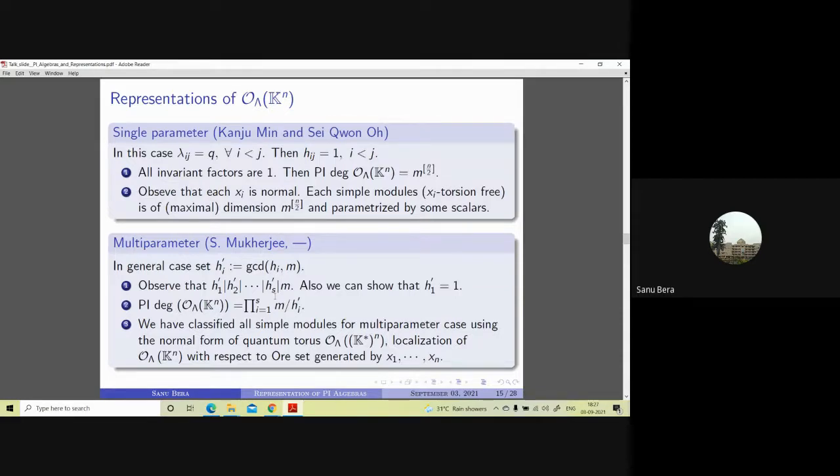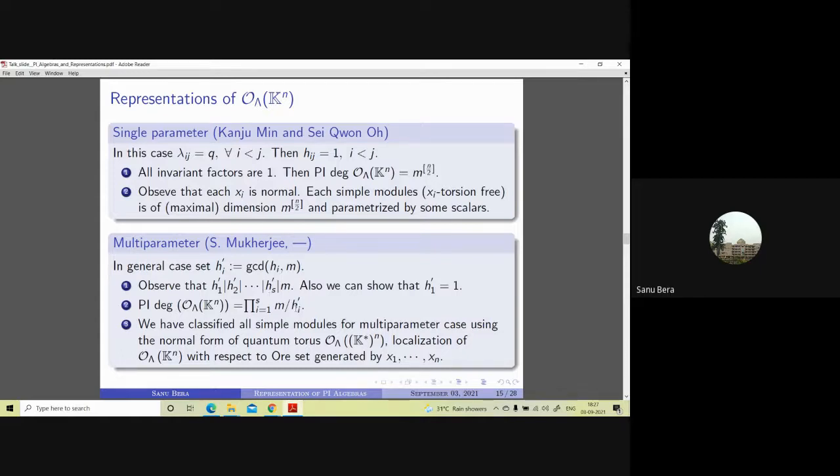H1 prime will always be 1 because of the definition of an invariant factor, and as q is a primitive m-th root of unity, or m is the order of that cyclic group, h1 prime will be 1, and the PI degree will just replace h1 prime because of gcd of hi prime.